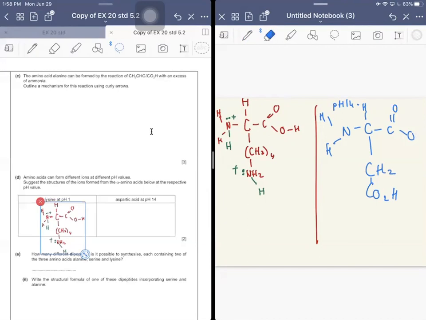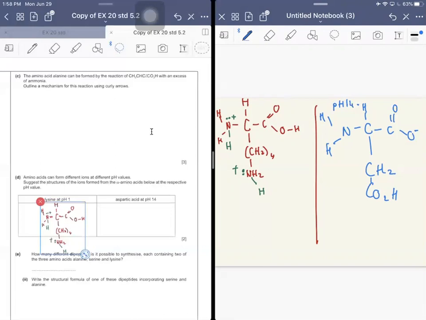Okay, because hydroxide ion is a base, it will react with an acid. So the only part of an acid here is the COOH, okay? When we lose H plus, we will be left with COO minus for the carboxylic acid group, okay?